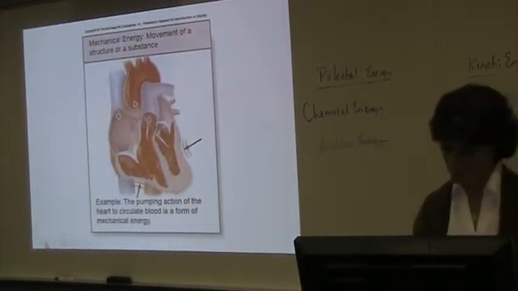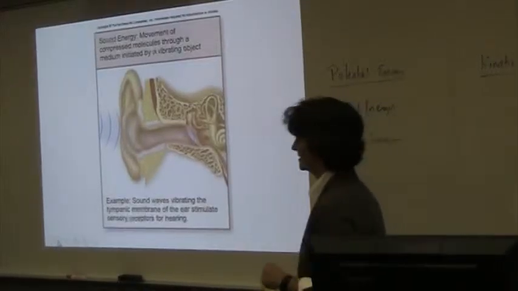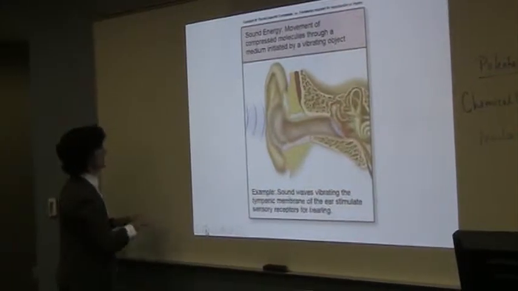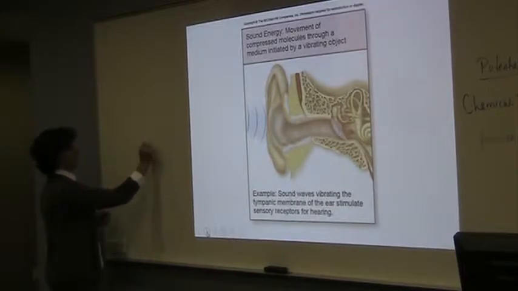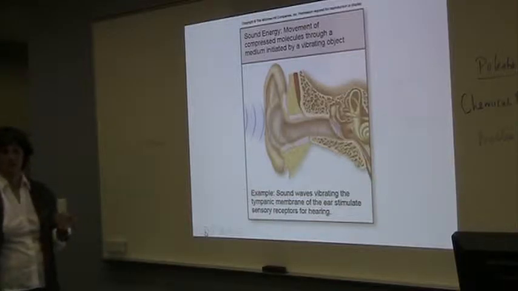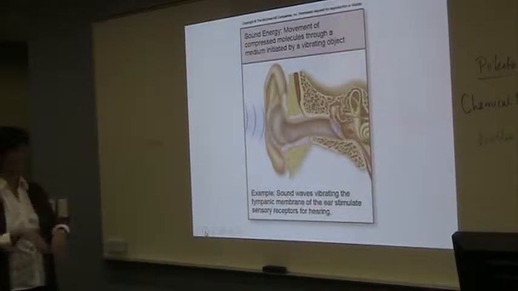The third one is the one that was on your quiz. This is sound energy. And sound waves are always exerted by some kind of vibrating object. Could be a guitar string, piano string, drums, your vocal cords, as we'll see later in the course.